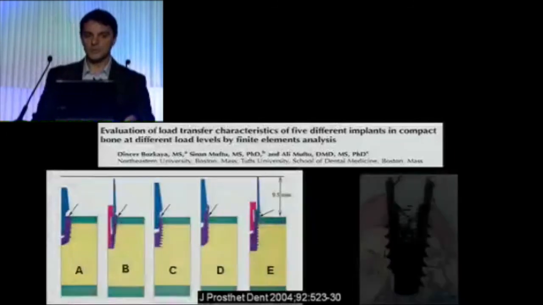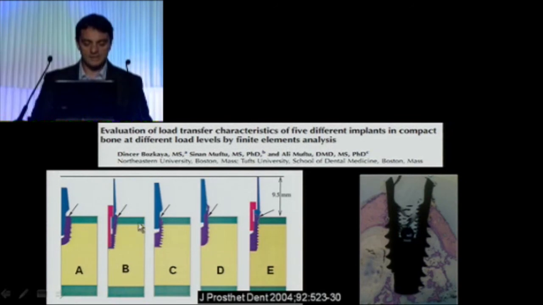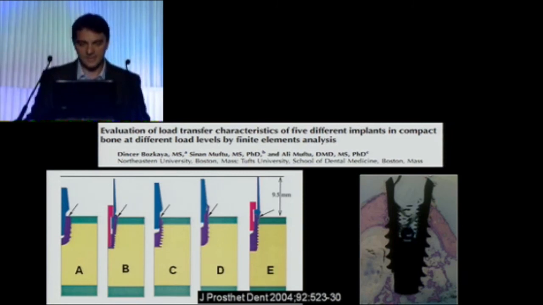Now, if we change the geometry of the neck, it can make a difference in the reaction of the bone around the neck. Look how many different geometries you have on the neck. And do you think that all these shapes have been designed in a computer simulation model or in animal studies?